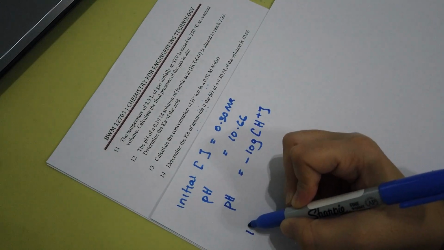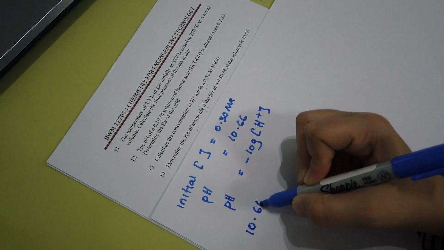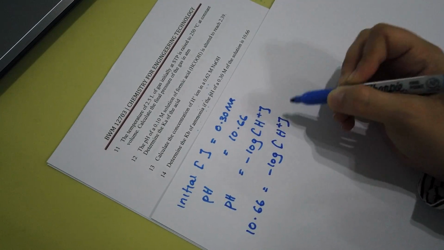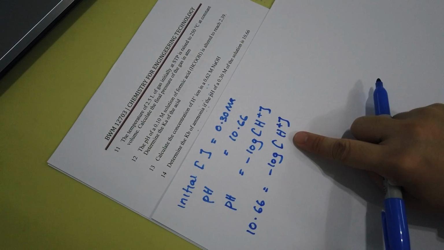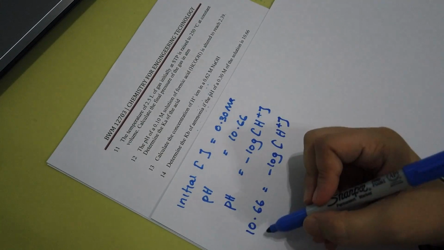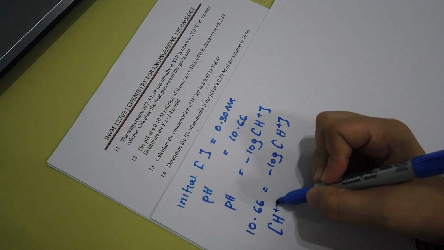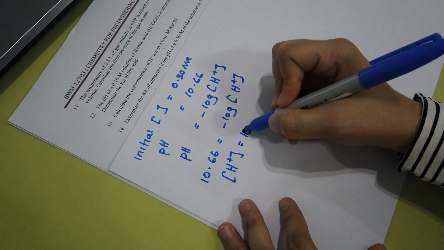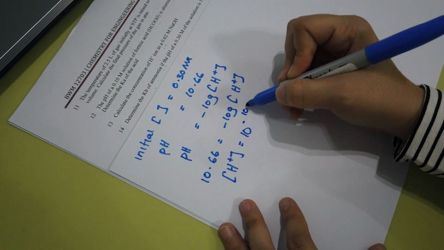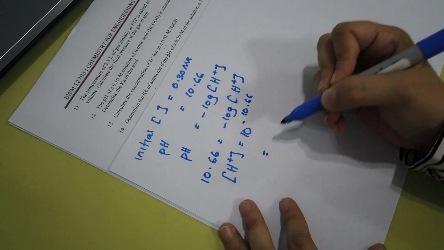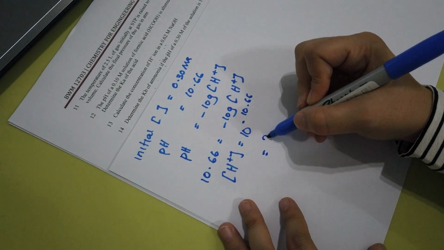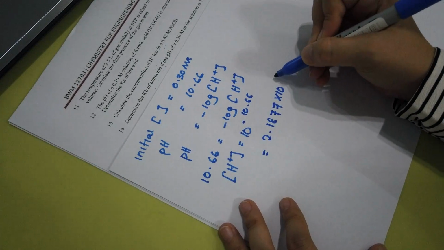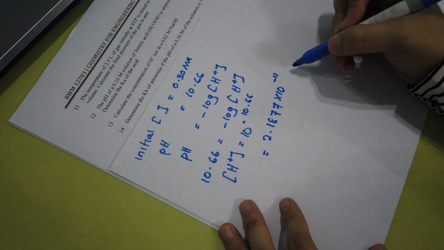So, since your pH is 10.66, you can calculate the H plus. So, your H plus is equivalent to 10 to the power of negative 10.66, equivalent to 2.1877 times 10 to the power of negative 11. Voila.